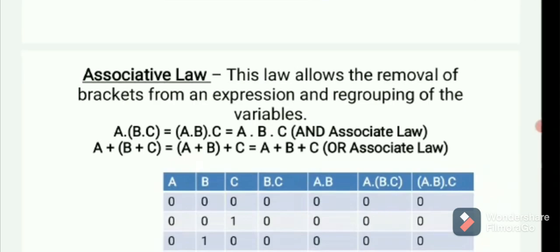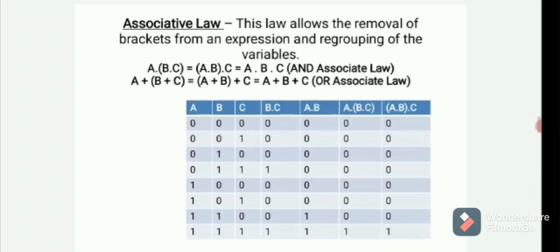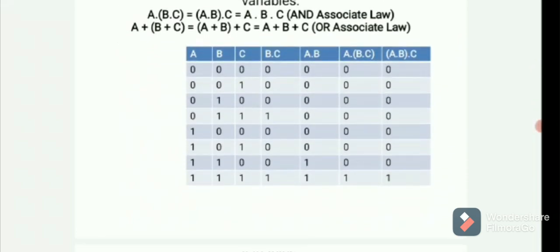So A dot B dot C equals A dot B dot C, with the bracket around A dot B. A dot bracket of B dot C is equal to bracket A dot B dot C. Just the same, A OR bracket of B OR C equals bracket of A OR B OR C. The same is proved with a truth table that has 3 variables A, B, C. So the combinations are 2 to the power 3 equals 8, 0 to 7: 0 0 0 up to 1 1 1, and B dot C.